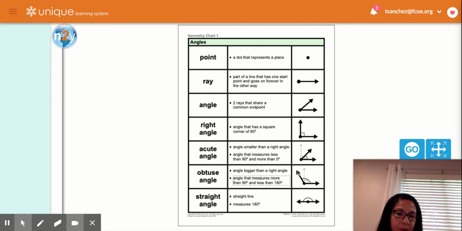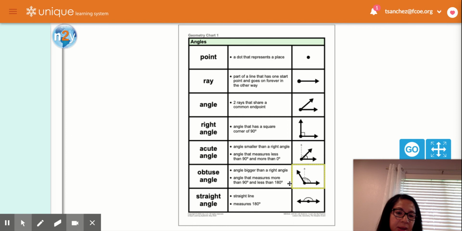This one extends out further, so we know it's bigger than 90 degrees. It could be anywhere from 91 to 180, which would be over here. A straight line is 180 degrees. You see the two lines point out to both sides. So there's 0 degrees, there's 90 degrees, and here's 180 degrees.